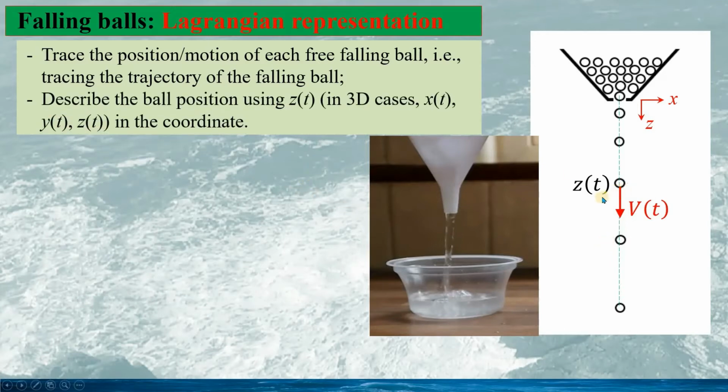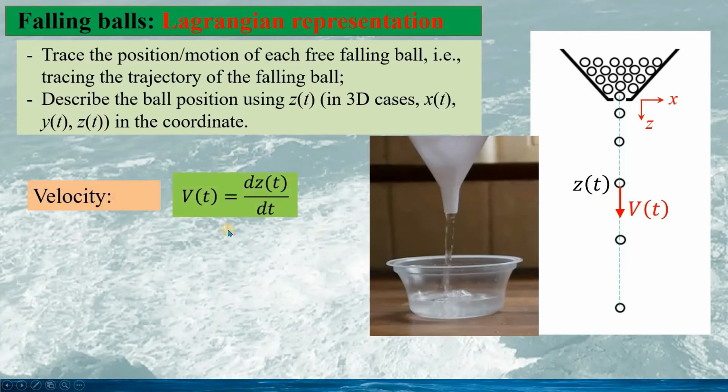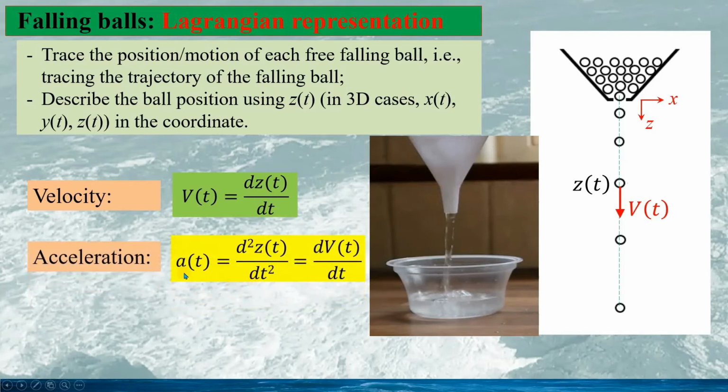and we can describe the ball position using z(t) in this case, and the velocity can be calculated as the differentiation of z with regard to time t. The acceleration a(t) is calculated as the second order differentiation of z(t) with regard to t, or the differentiation of v with regard to time.